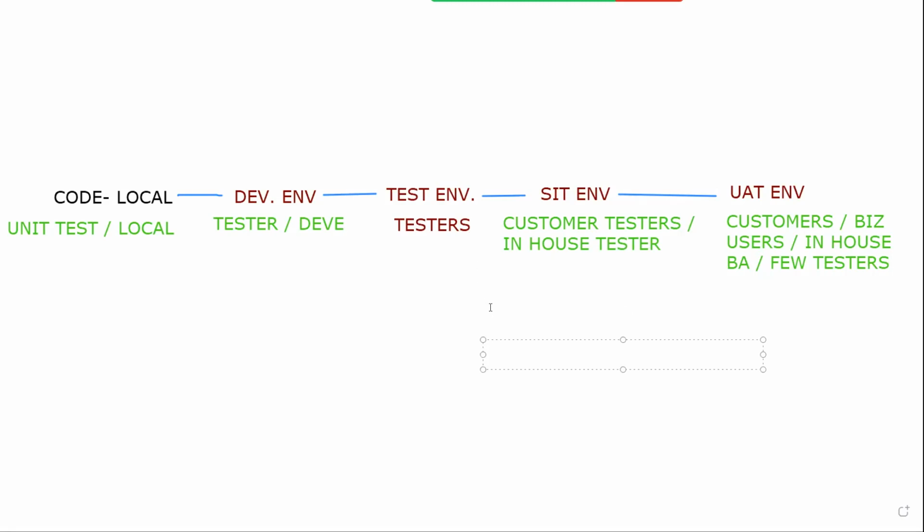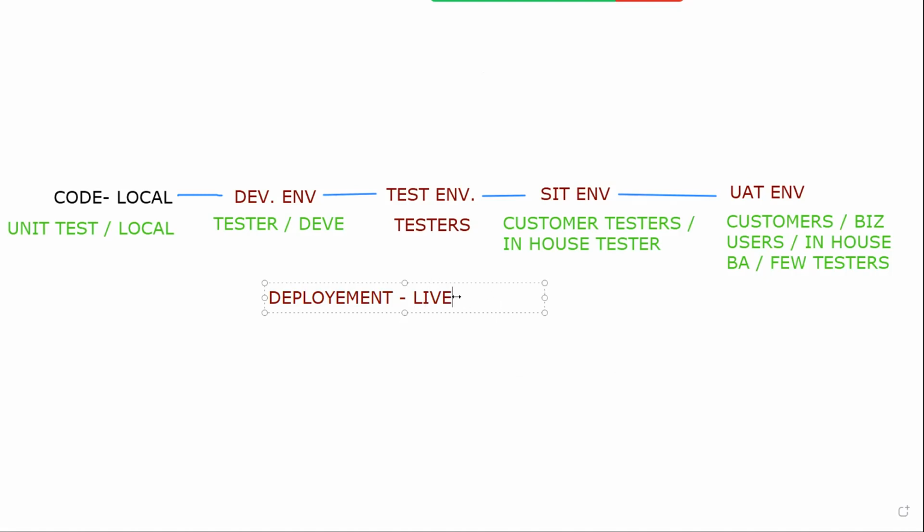Deployment, release. After the UAT environment, the deployment will be prepared in a way to deploy into the real-time environment, which we will call the live environment. Live environment is just like Amazon.com or Facebook.com. These are live environments, or .com sites that are already functioning.